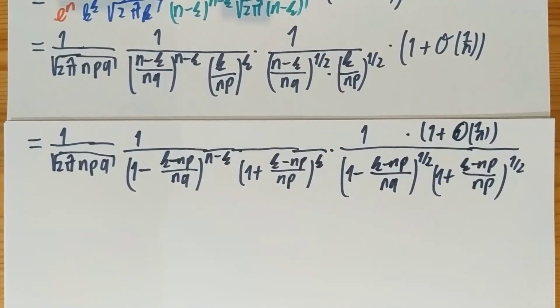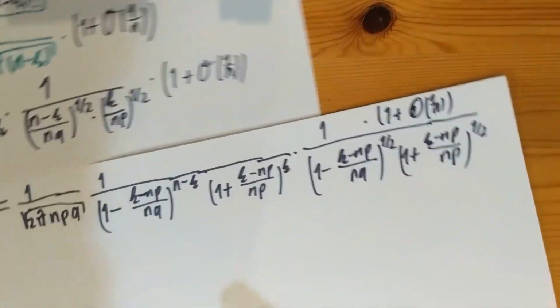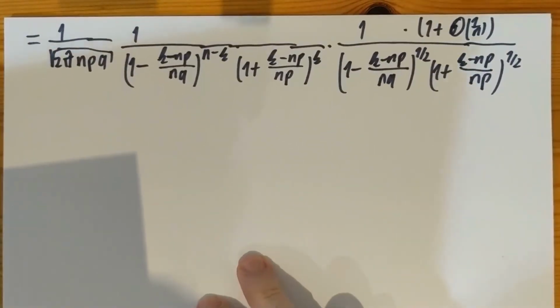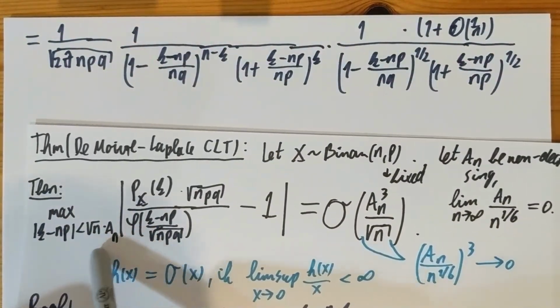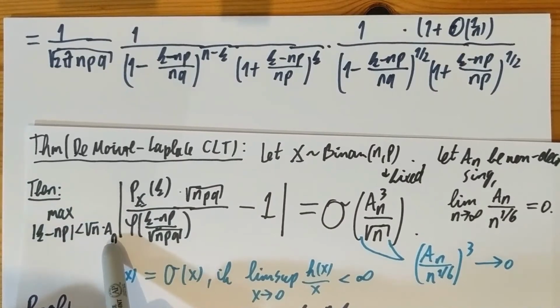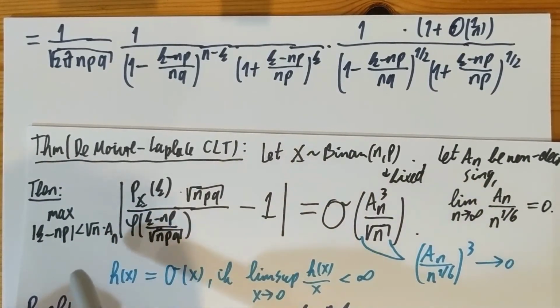Now, what was the reason I did that? The reason was that these guys, k minus np, again, k minus np is root n times something smaller than n to the 1/6. So root n is n to the 1/2, n to the 1/6 coming to it, or something smaller than that. It's still much smaller than n.